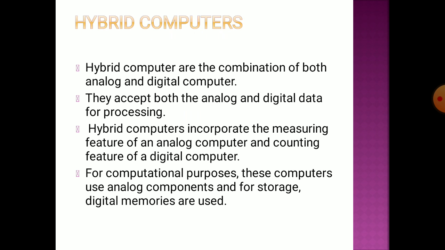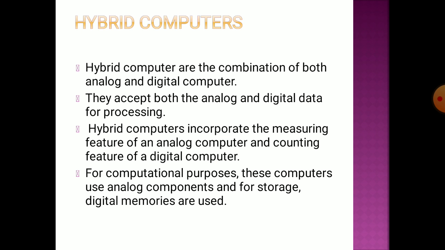Here in hybrid computers, it incorporates the measuring features of the analog computer and the counting features of the digital computer. Both features are there in hybrid computers: the measuring, taken from analog computers, and the counting, taken from digital computers.